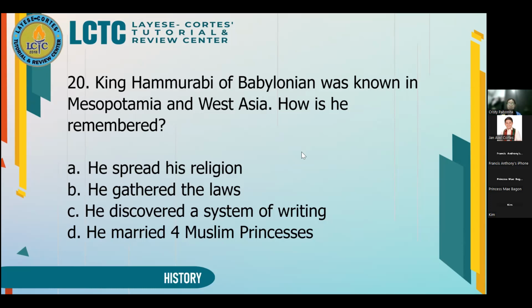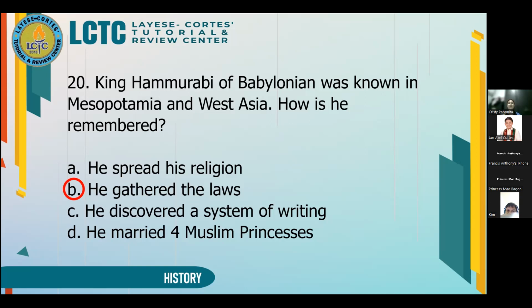Yes, so the answer is letter B. He gathered the laws, which is why it is called the Code of Hammurabi. One of the most famous codes of Hammurabi is the tooth for a tooth. That is just one of the gathered laws of Hammurabi.